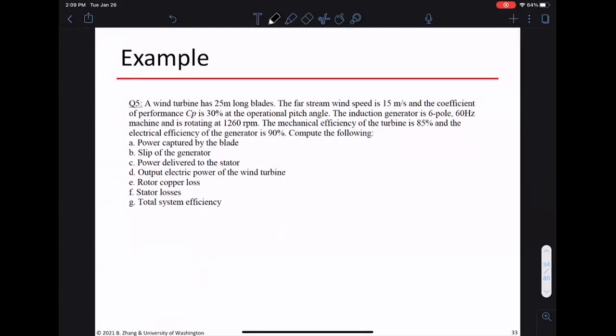This is the blade part of the turbine. I have a 6-pole machine. The mechanical efficiency is 85%, and the electrical efficiency is 90%. Those are the various losses in the system. We want to find the power captured by the blade, the slip, the power to the stator, output electric power, the stator loss, the rotor loss, and so on. So this is all the things we want to find.